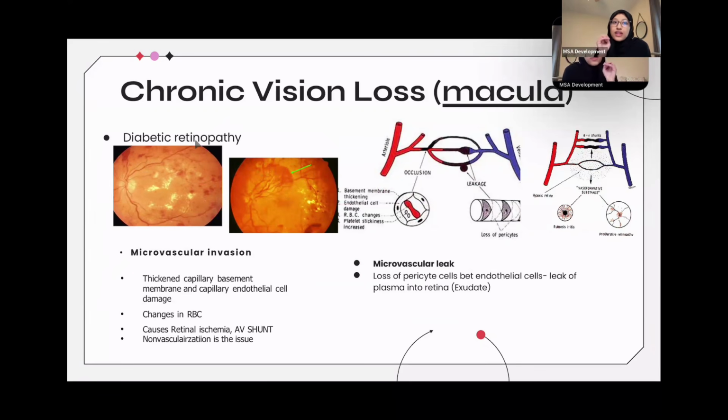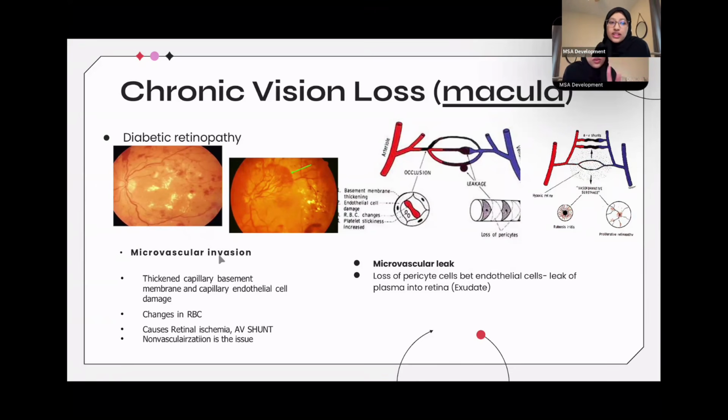Now, why is that? Diabetes is a sugar imbalance, right? It affects the arteries, it causes them to be weaker. Again, because of that uncontrolled sugar, it causes thickened basement membrane, capillary damage. It causes them to leak, and then that causes a lot of things.